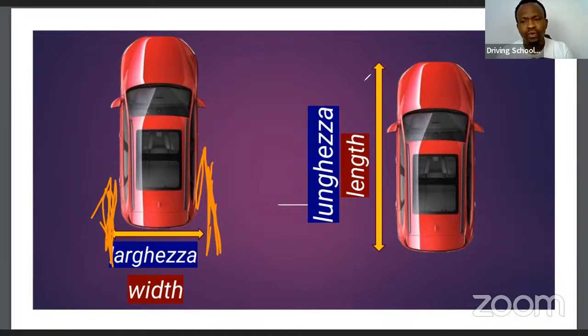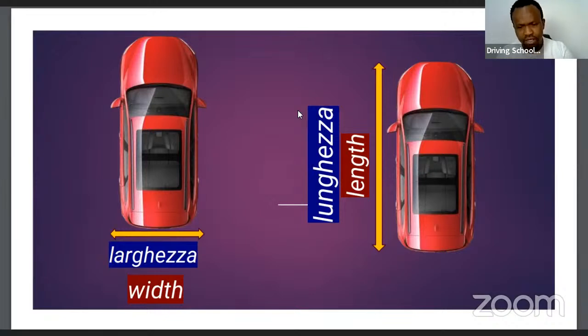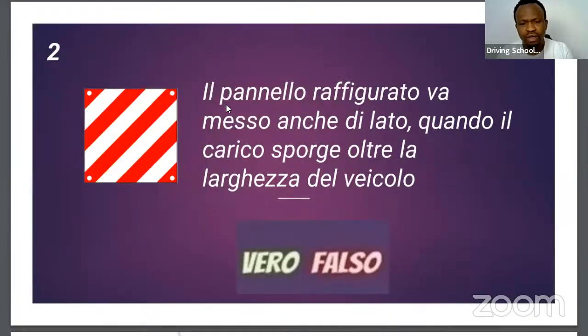So what is the question telling us? Let us go back to the question. It says, il pannello raffigurato va messo anche di lato quando il carico sporge oltre la larghezza del veicolo.